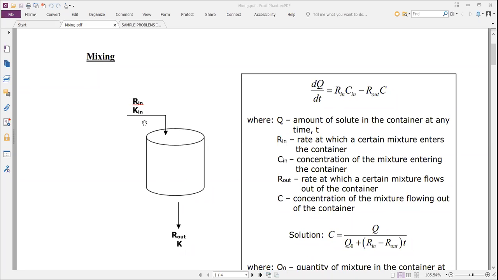So let's say, for example, the concentration here is K for the fluid that is entering and K for the fluid that is leaving. Notice that I did not place a subscript out for the concentration of the solution leaving the tank. It's because it's also the same solution that is inside the tank. So the solution concentration inside the tank is the same as that of the solution leaving the tank.